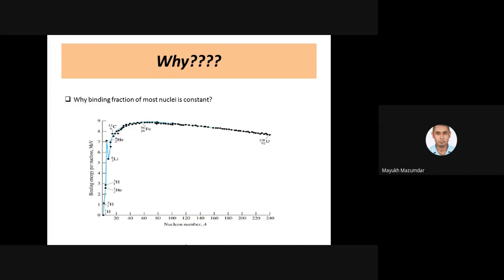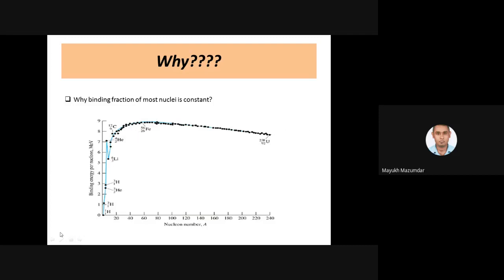So what we saw was that the binding energy per nucleon went on increasing in the low atomic number range. Then it reached a peak at 8.8 mega electron volt for iron. After that, more or less, the value was constant.